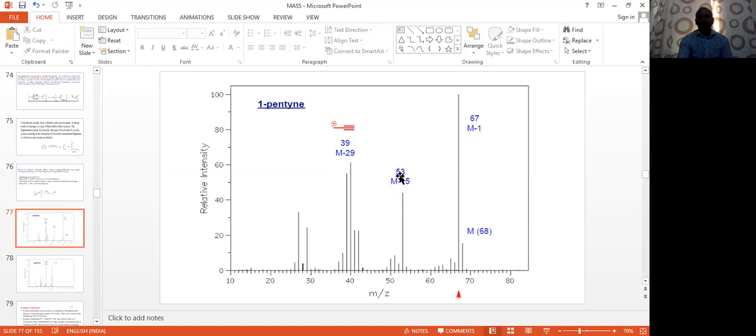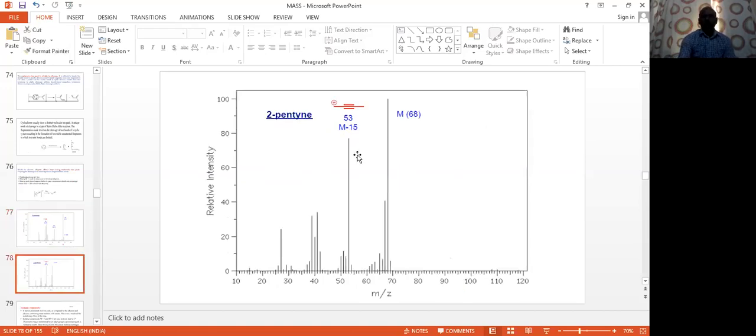You will have the m/z value 53, and here you have the loss of one hydrogen, that is the M-1 peak, 67. These are the characteristic features of the mass spectrum of alkynes.